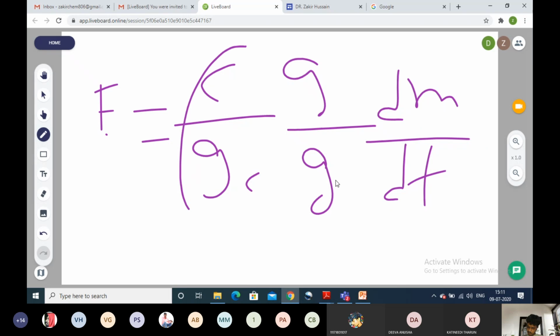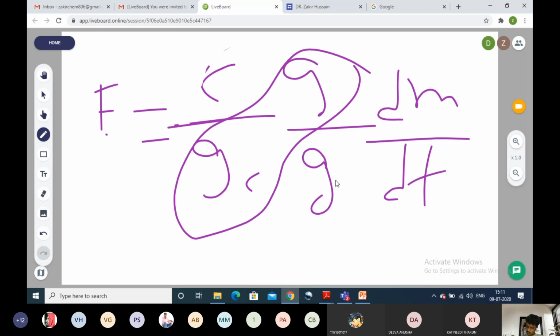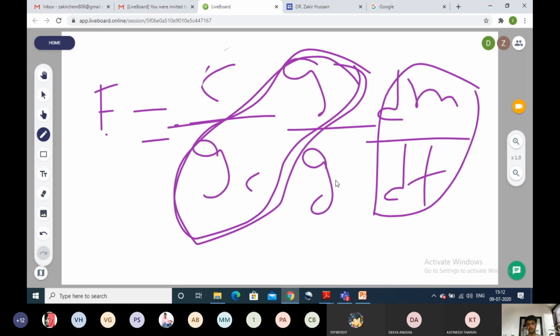Now see this. This g by gc along with this m is the mass to weight conversion. We already added the gravitational constant; in order to compensate, we just gave an acceleration due to gravity to it.